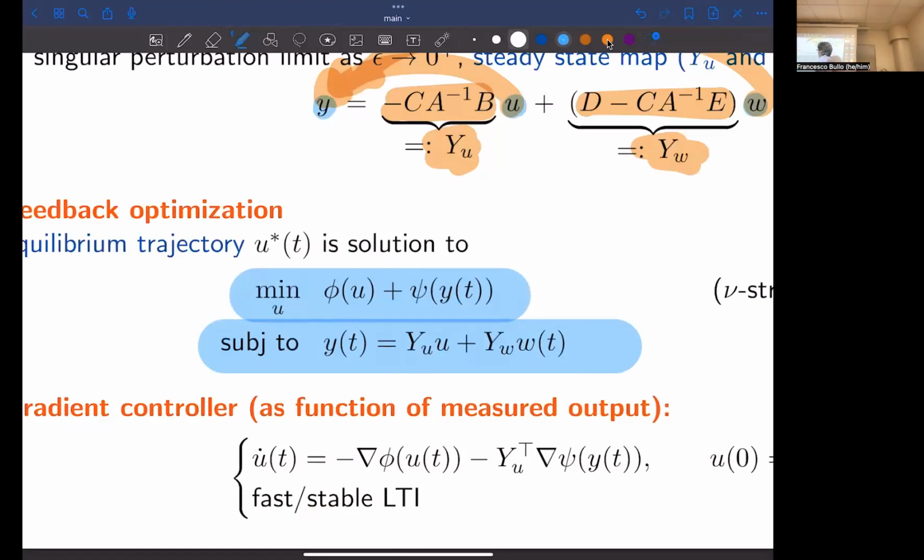Well, first of all, I can eliminate Y. I just plug in Y sub U plus Y sub W. So I'm trying to minimize a cost of U plus another cost in U plus W. And W is time varying, and I don't know it. It's a disturbance.